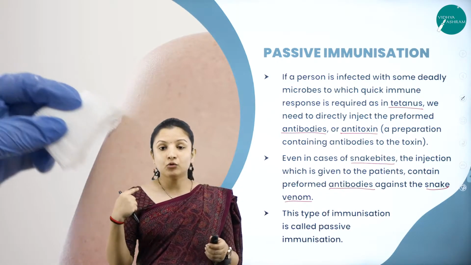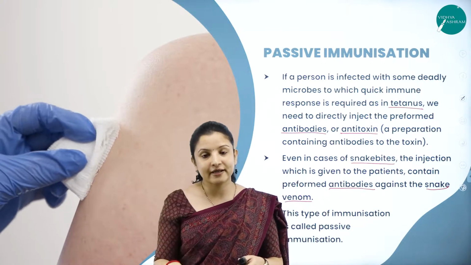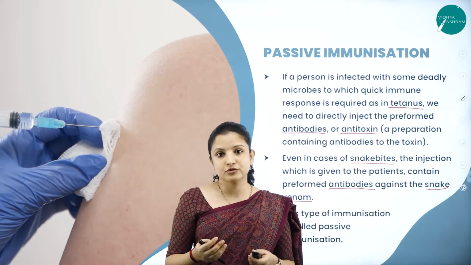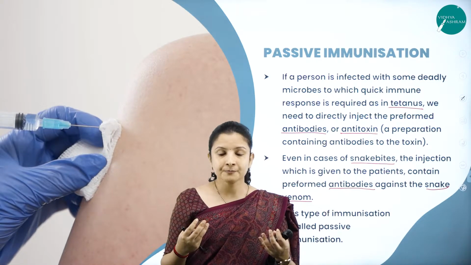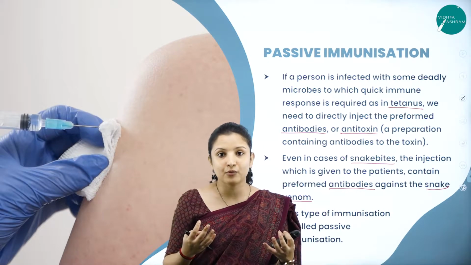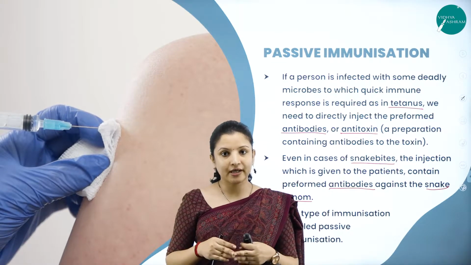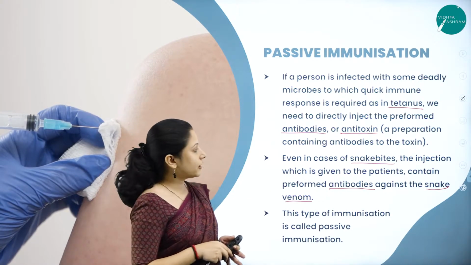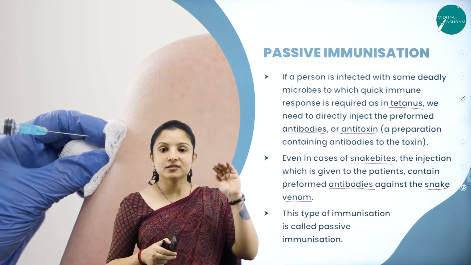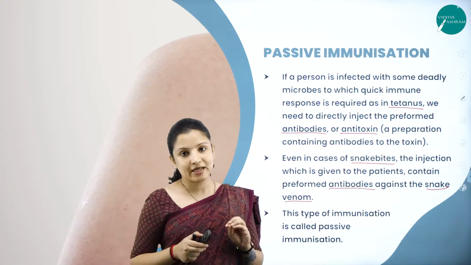say for example, our body has to produce immune cells. By the time our body recognizes what type of venom it is and how much immune cells have to be produced, the venom or the poison would have spread to the entire body, completely arresting the organs of that person, right? So in order to prevent that, they immediately give an injection containing antibodies that are already designed for that particular snake bite venom.